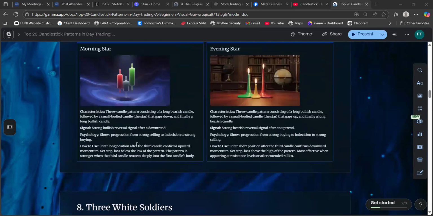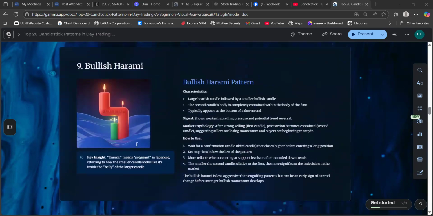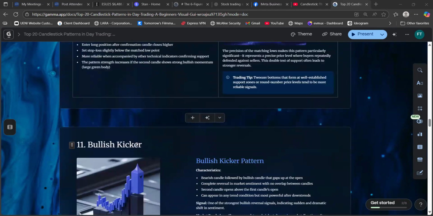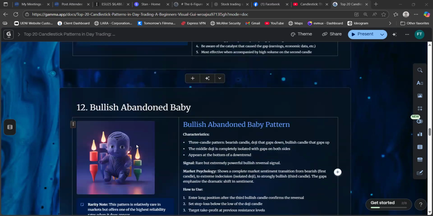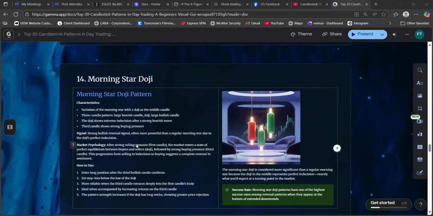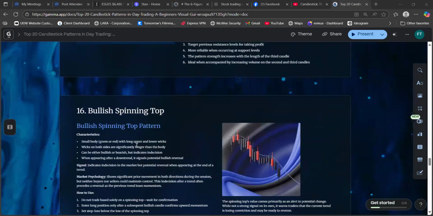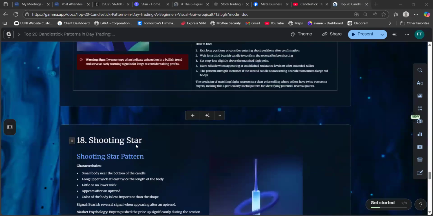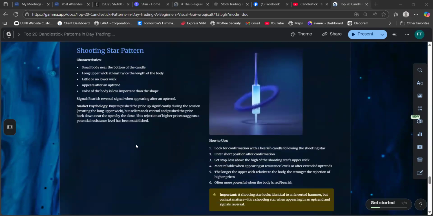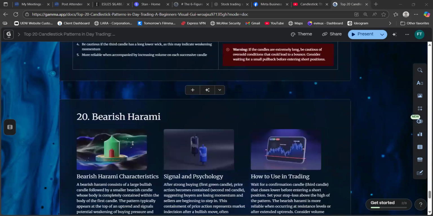Let me make sure I got the other ones on here that I want you to study. The Morning Star Doji. All of these are in the Candlestick Bible video as well.